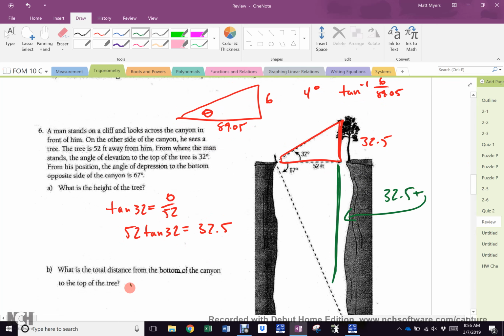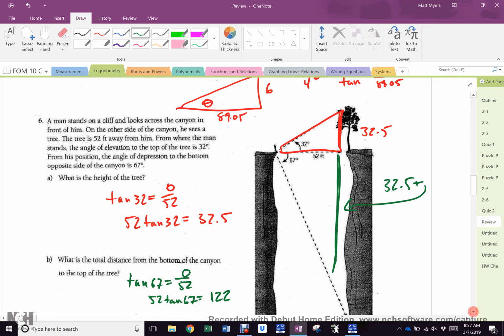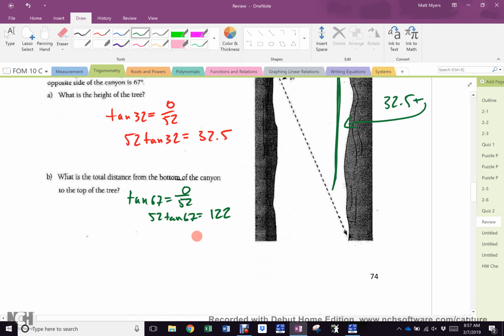How are you going to find that? That's tan 67 equals O over 52, 52 tan 67, and I think that's 122. Yeah. So when you add it, you get 154.5.